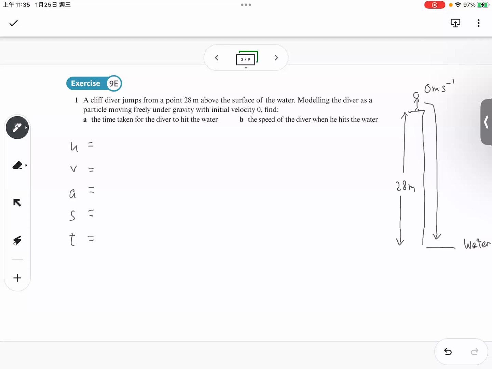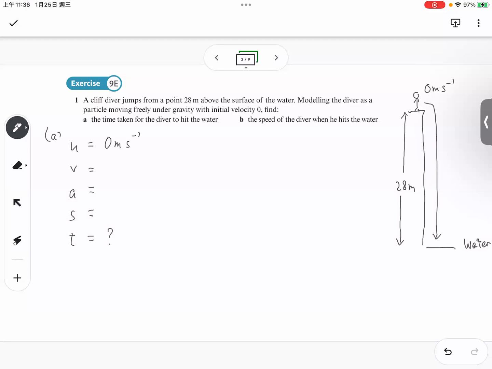For part A, we need the time taken, so I must keep T here. The diver is a particle moving freely under gravity with initial velocity 0, so U is 0 meters per second.